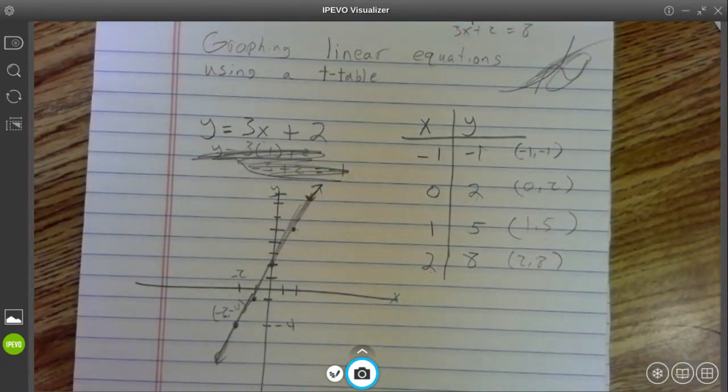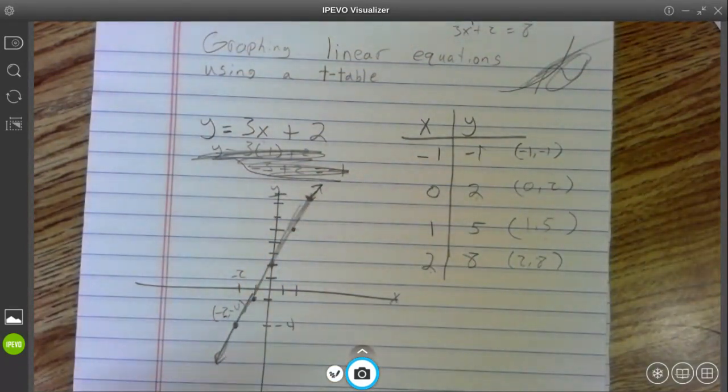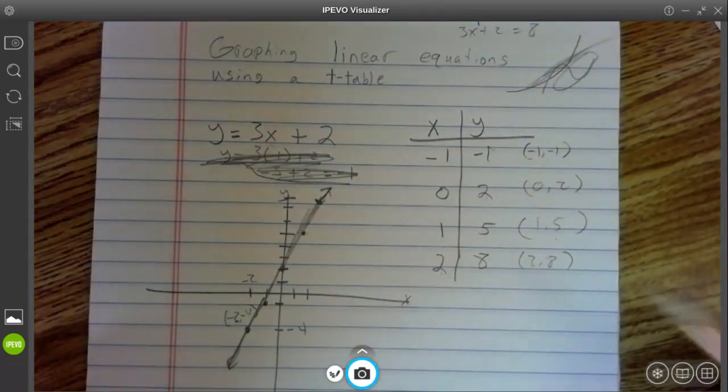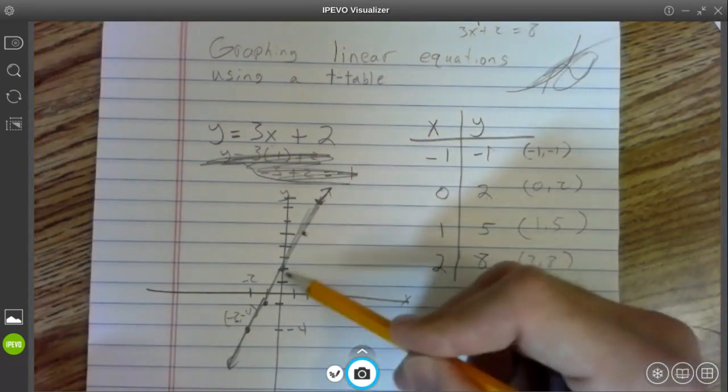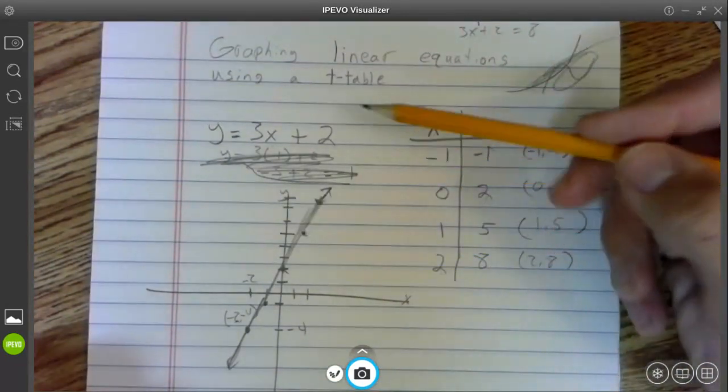Okay. Another thing I want to point out here, and this is not going to be our main method for graphing stuff. I'll have you do it a little bit, but not too much. I want to point out what the slope of this line is. So let's look at this point and that point. So count how many units it is up.